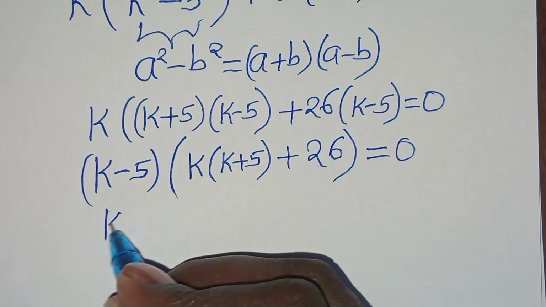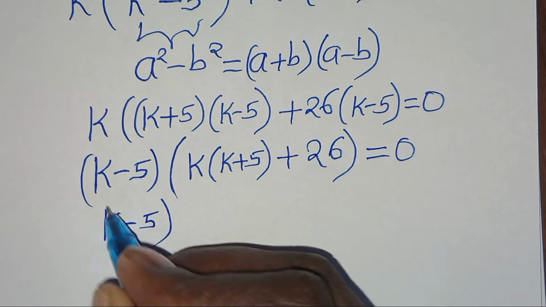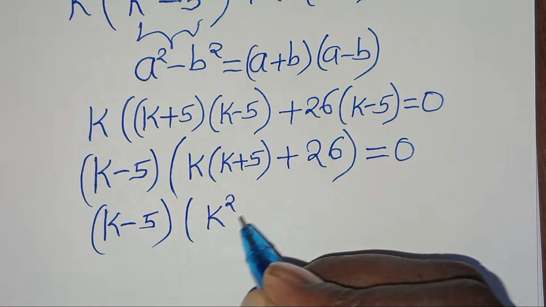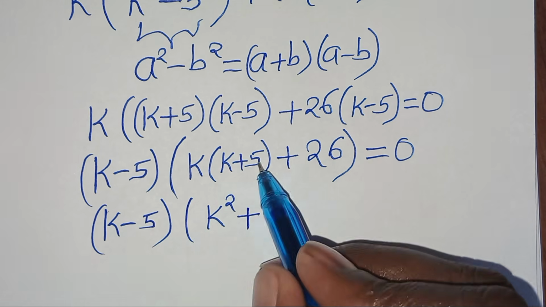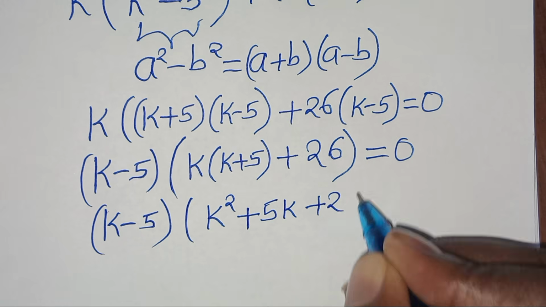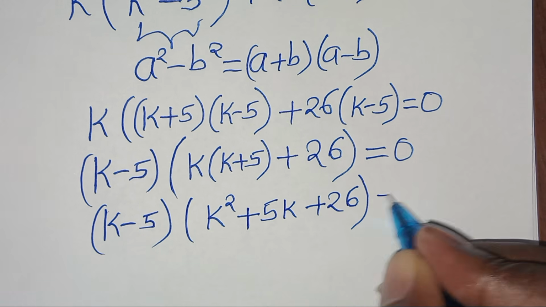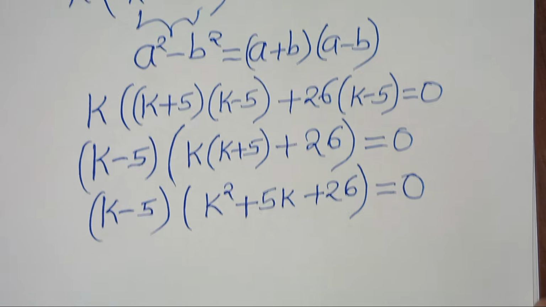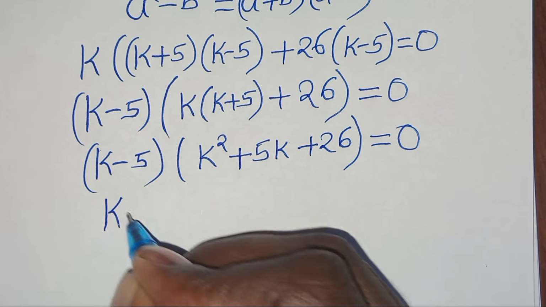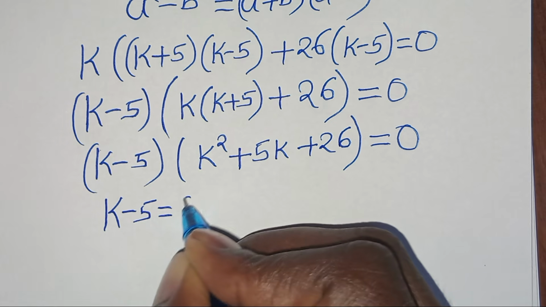So this is k subtract 5. Here we have k times k, this is k to the power of 2, then plus k times 5, this is 5k, then plus 26. This is equal to 0. Now we have got two parts here. The first part is k minus 5, this is equal to 0.